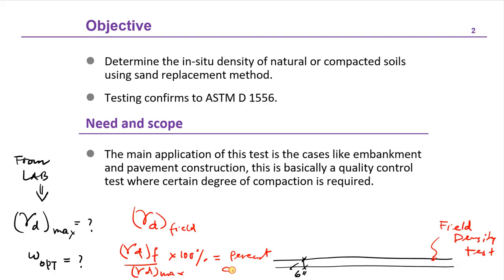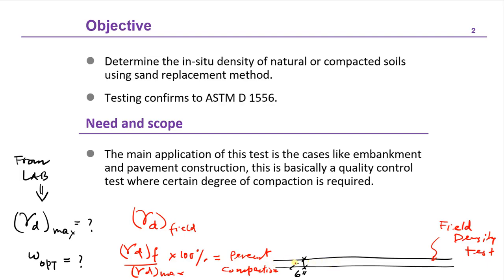If the project requires 95% compaction, then this should be achieved. If it is 90% or 85%, it means the soil is not properly compacted, so you have to compact it once more and repeat this test.